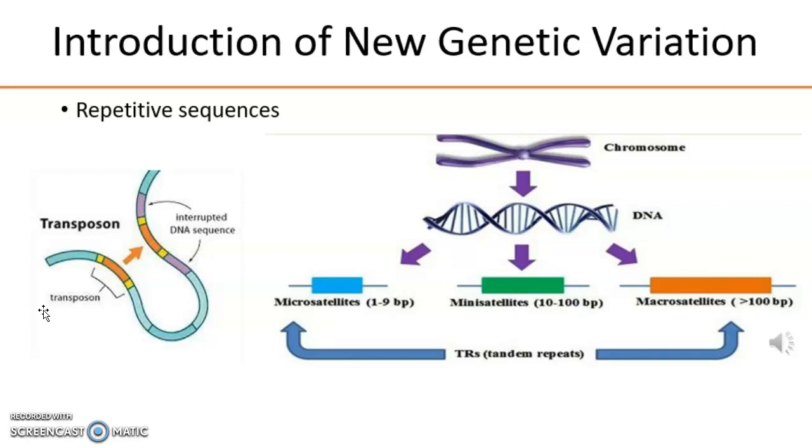Another thing this gives us is that where those transposons insert can disrupt genes, which can have a whole other consequence. Similarly to transposons, we also have other repetitive sequences called micro and mini satellites. They are distinguished by how long each individual repeat is and then as a unit. If it's micro, it's 1 to 6 base pairs, and they repeat in tandem repeats up to a few hundred base pairs long.